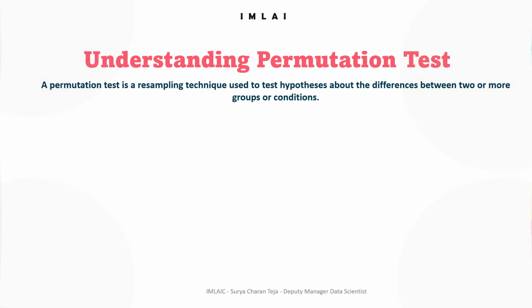So, in a permutation procedure, two or more samples are involved, typically the groups in an A/B or other hypothesis test. Permute means to change the order of a set of values. That's what we call a permute.